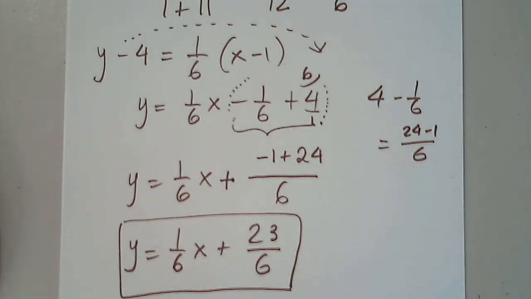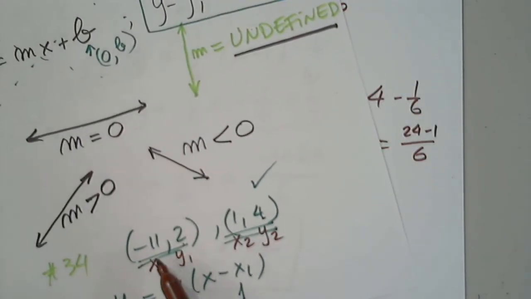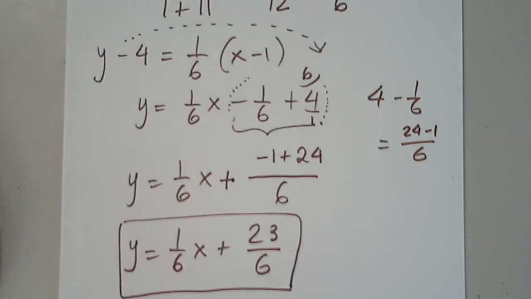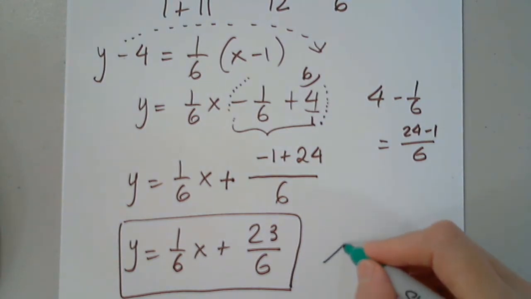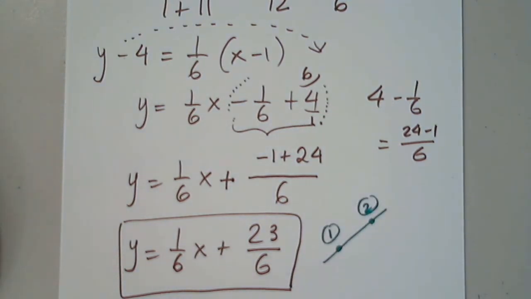Now, will you get a different equation if you use negative 11 and 2? I used 1, 4. What if you use negative 11 comma 2 instead of 1 comma 4? Will you get a different line? No, of course not, because this is point 1 and this is point 2. I used point 2, but if you use point 1 with a slope of 1/6, it doesn't matter.